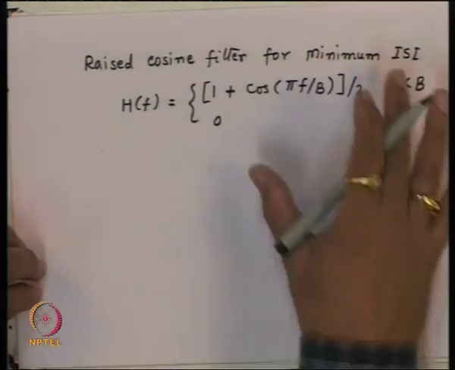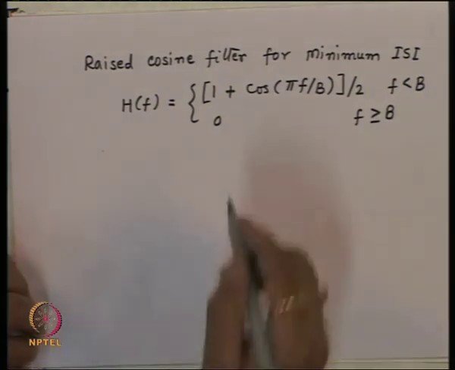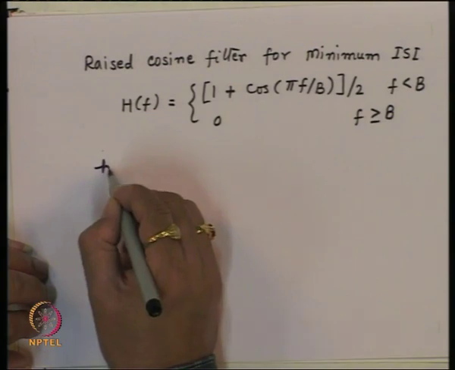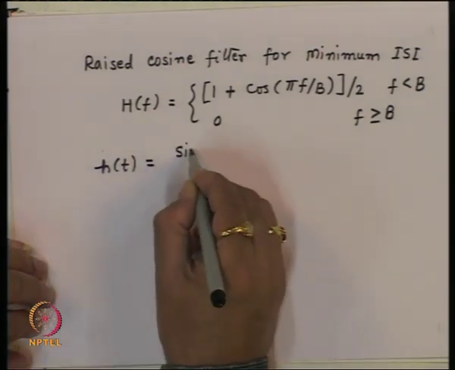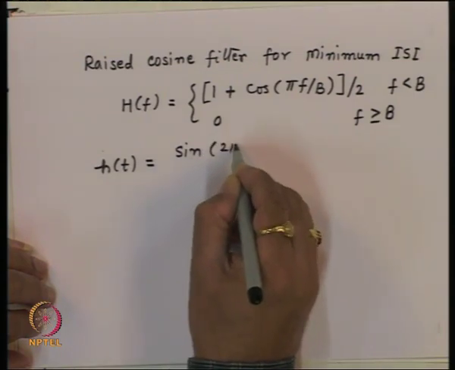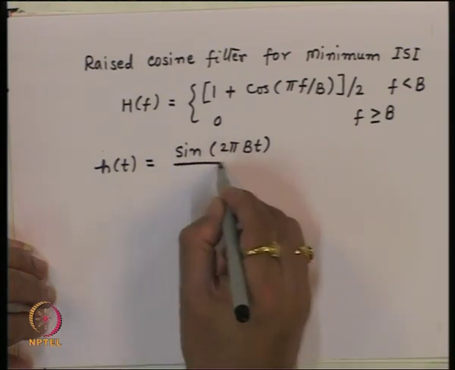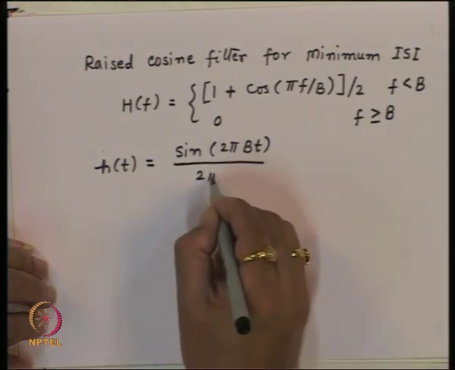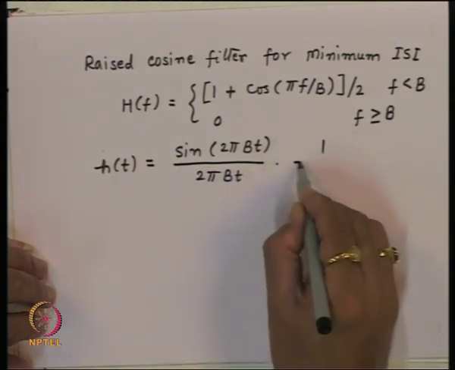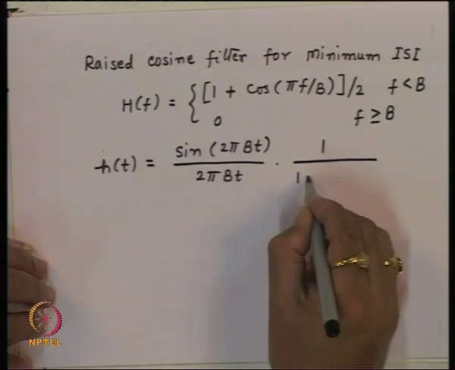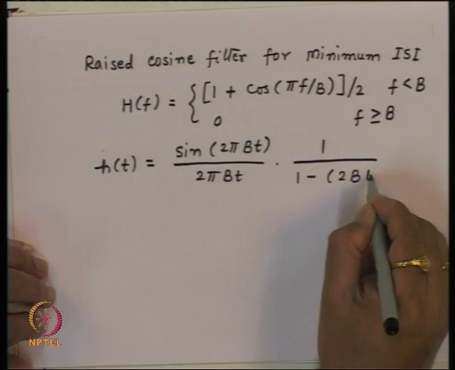So, this is the filter normally used in the receiver to reduce the intersymbol interference, and for this we can get the impulse response h of t, which is given by sine of 2 pi b t divided by 2 pi b t, into 1 upon 1 minus 2 b t whole square.